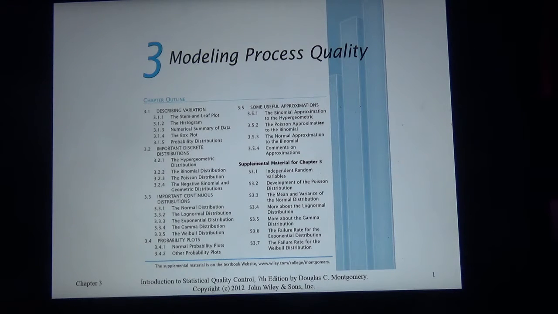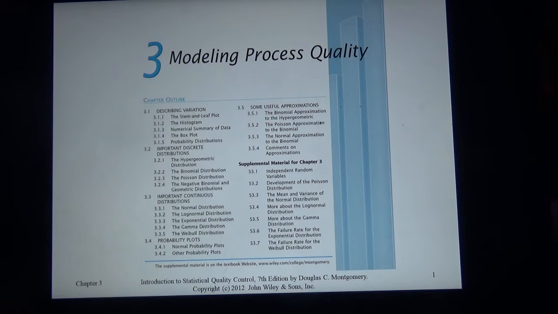And useful approximations we need to use for quality are binomial approximation of the hypergeometric, the Poisson approximation to the binomial, and the normal approximation to the binomial. From each distribution we go on to the other distribution with some limitations.